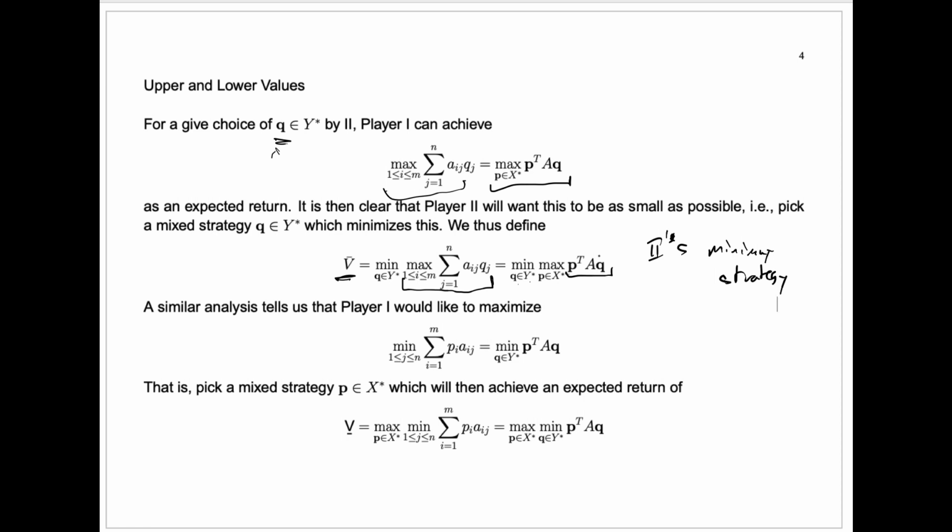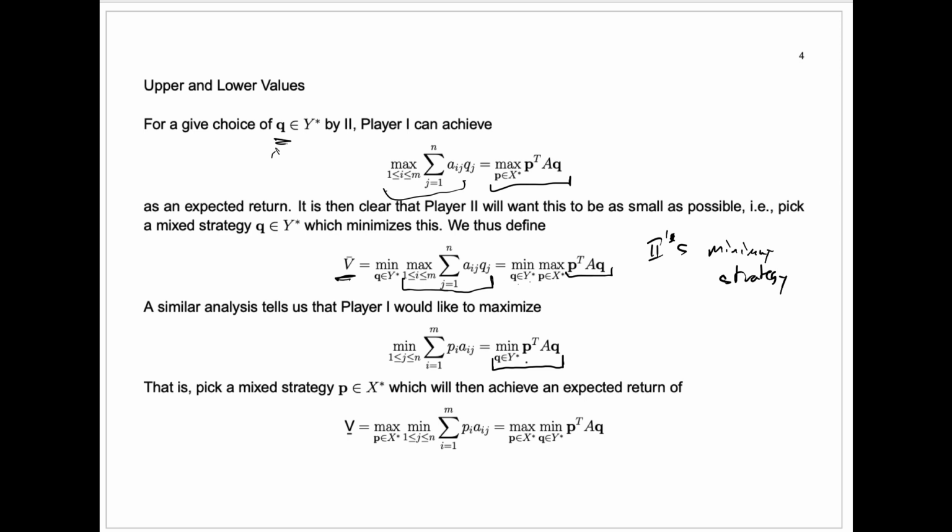And looking at things again from the opposite perspective, if player 1 announces in advance, I'm playing the mixed strategy P in X star, this is what I'm going to do if I'm player 1, player 2 can force an outcome no worse than this for player 2. In other words, we'll choose the column which gives the smallest possible return, the best for player 2.